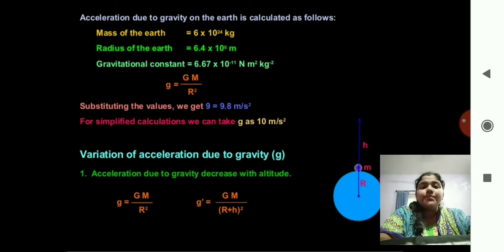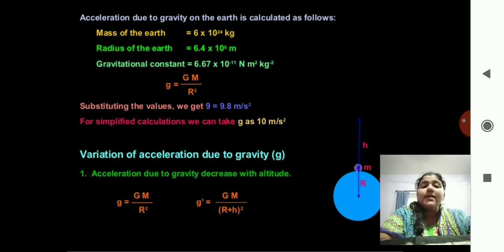Next, variation of acceleration due to gravity. So what are the variations coming in it? Acceleration due to gravity decreases with the altitude. Means what? If you go higher and higher, then the acceleration due to gravity will decrease. So the formula is what? g is equal to capital G into M upon R square.